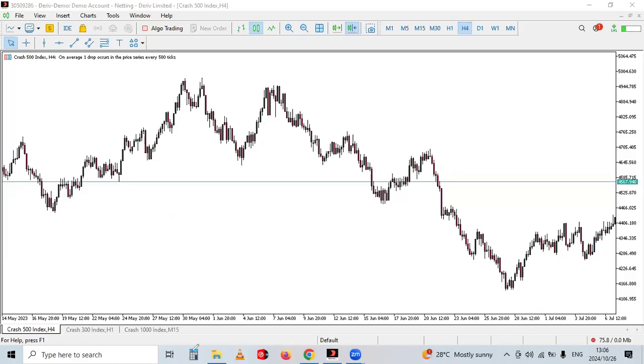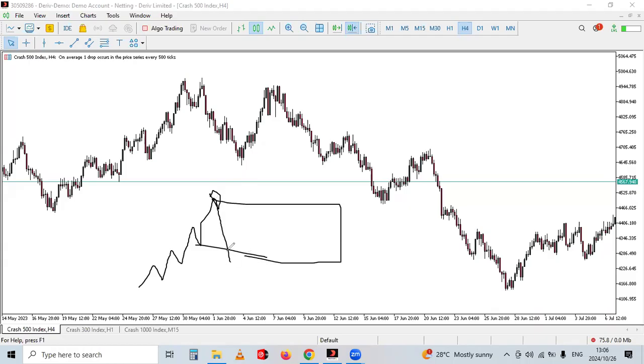Let me clarify. Uptrend. It will do something like this, where it clears the previous low and then couldn't come back high to the swing high. Then we draw our sell zone like that.